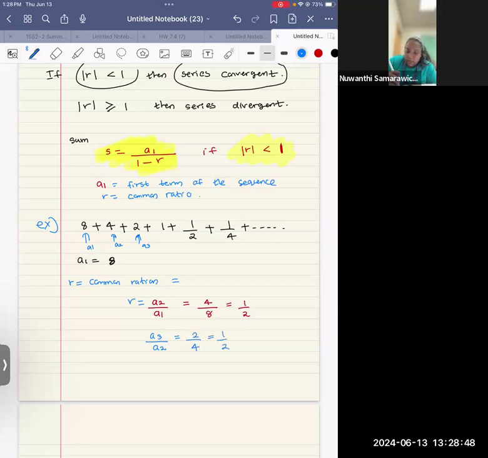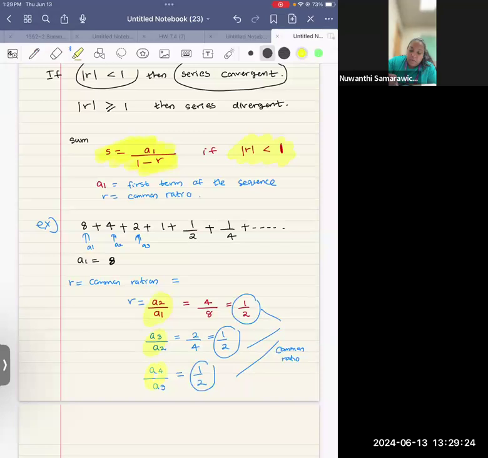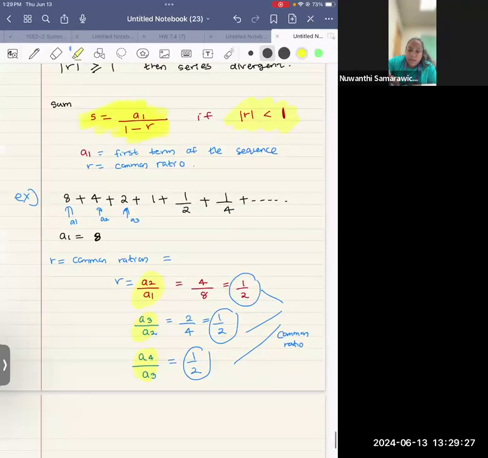Also, we can check whether it is a geometric series with A4 divided by A3. Same thing, half. So you see, between two numbers, we get a common ratio. Why is it named a common ratio? Because we take a ratio of two numbers.